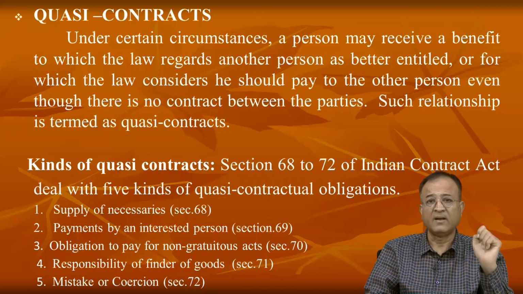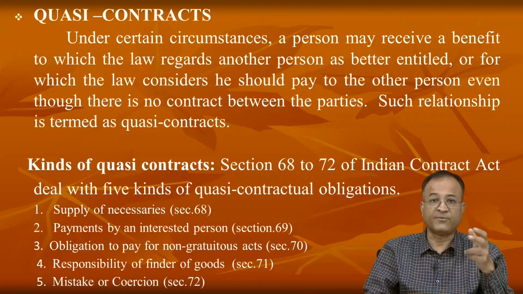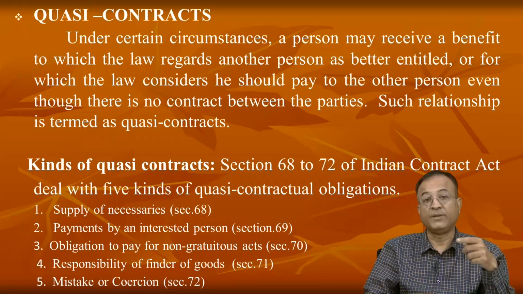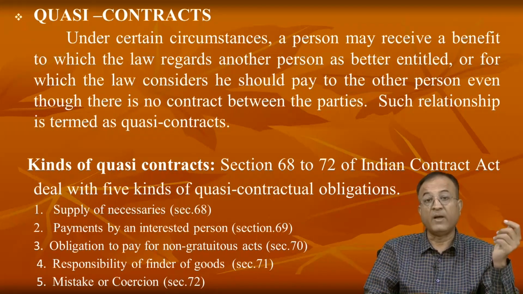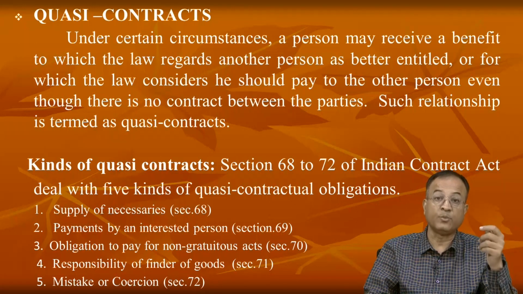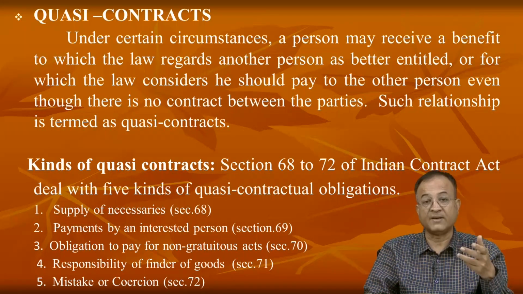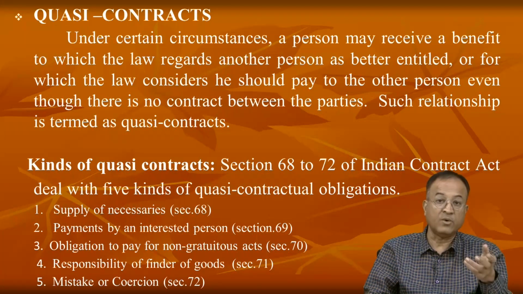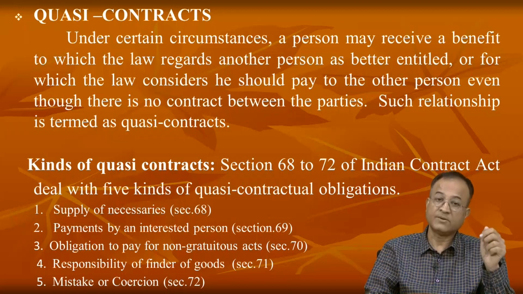The finder can sell the goods in a few cases: first, when the thing found is in danger of perishing; second, when the owner cannot with reasonable diligence be found out; third, when the owner is found but refuses to pay the lawful charges of the finder; and finally, when the lawful charges of the finder in respect of the maintenance of the thing found amount to two-thirds of the value of the thing found.